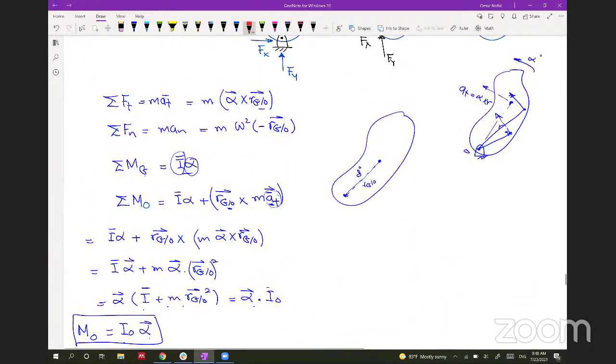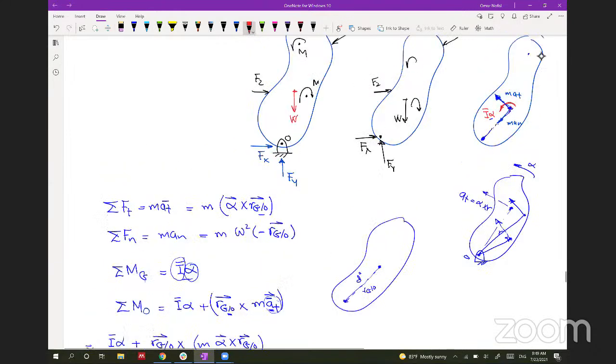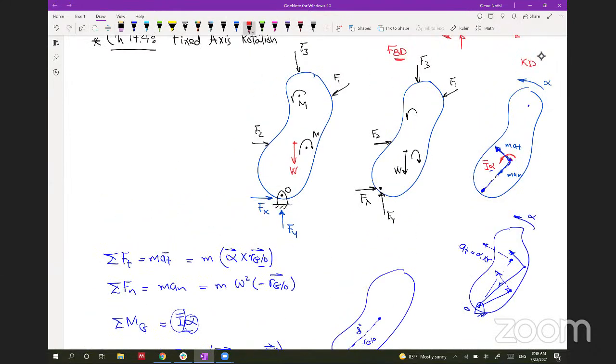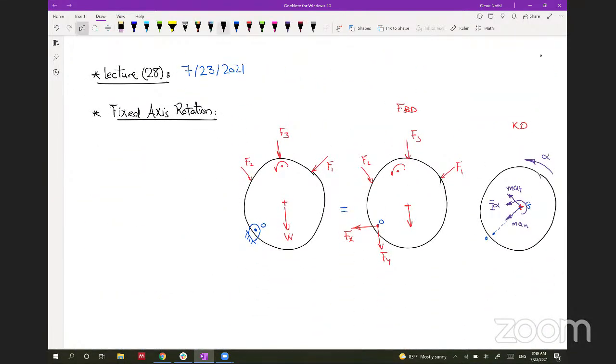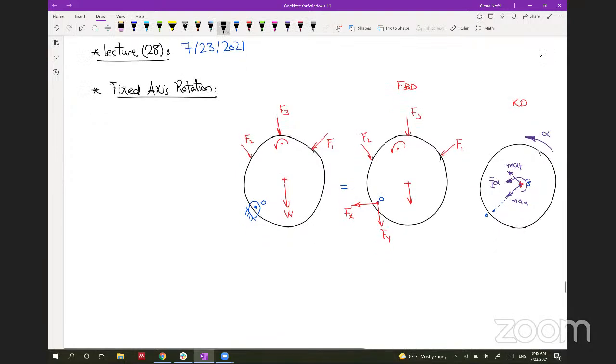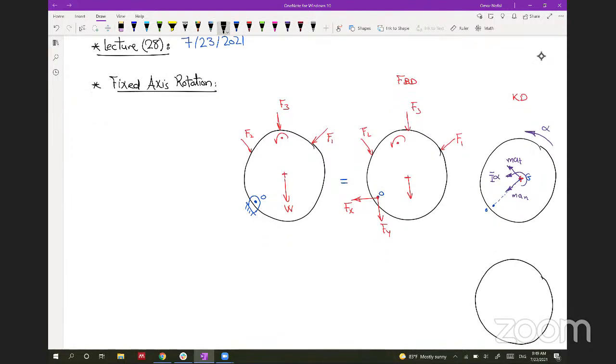We put all the forces, stretched the line from O to G, and identified the M A tangent and M A normal. So what will happen if this body was pinned at the center of mass?